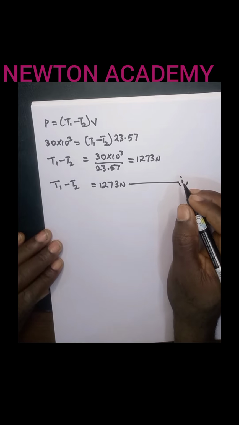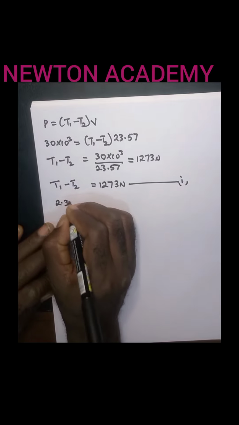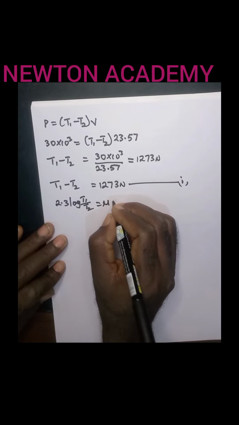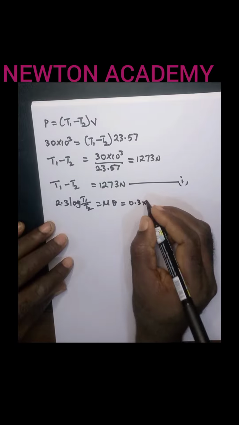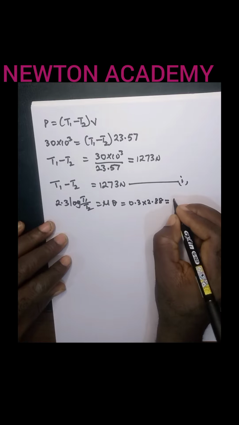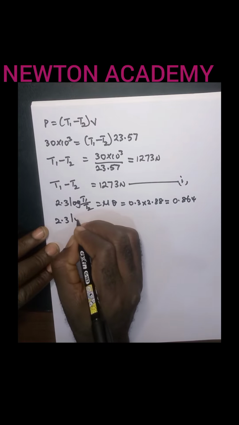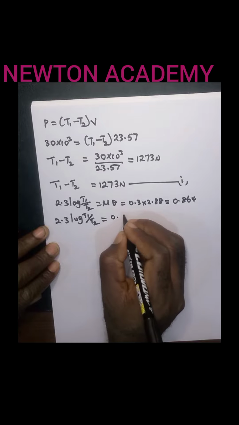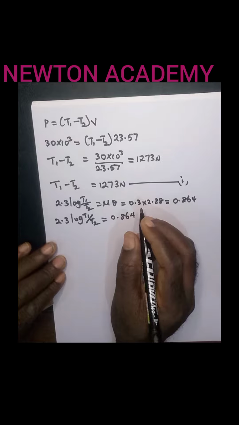Then also we go to our relationship between T1 and T2 given by 2.3 log T1 over T2 is equal to mu theta. When we substitute the values, 0.3 multiply 2.88, it will give us 0.864. Now we divide both sides by 2.3.